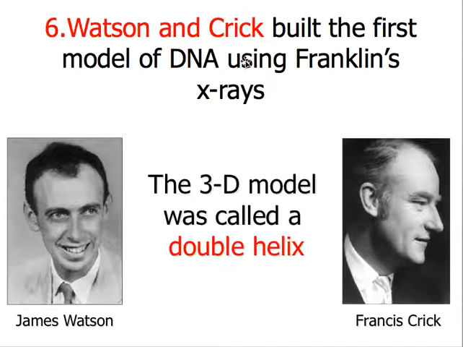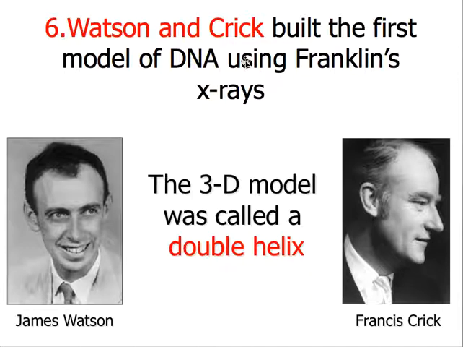Now, sadly, Wilkins, who was Franklin's partner, Watson and Crick went off to win the Nobel Peace Prize. Here's the sad part. Rosalind Franklin did not get any Nobel Peace Prize.